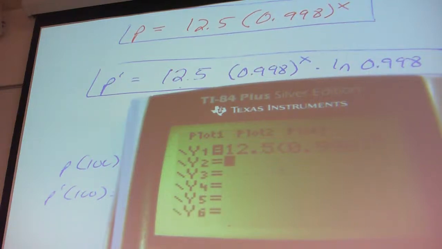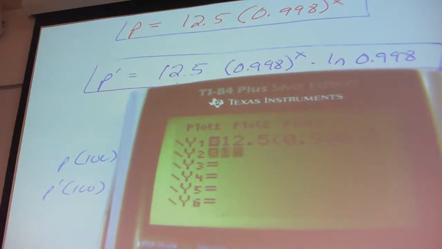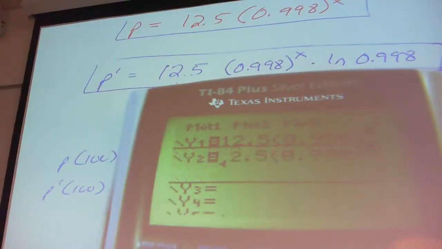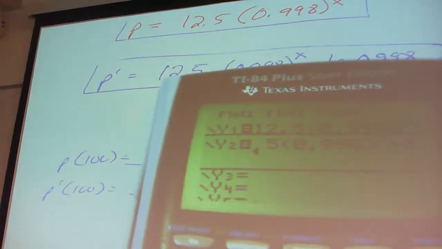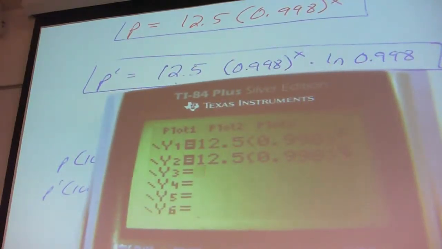So the original in y1. The derivative, 12.5 times 0.998 raised to the x times ln of 0.998. So y1 is the original, y2 is the derivative.